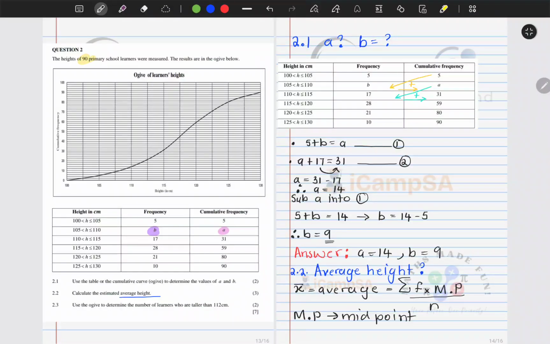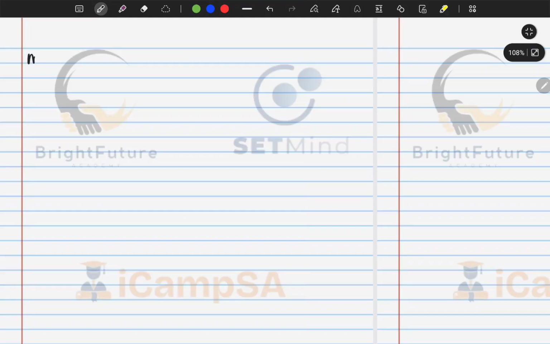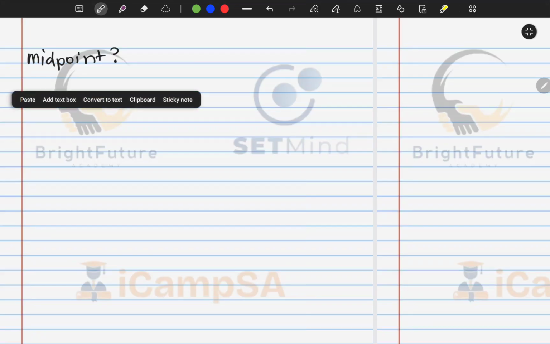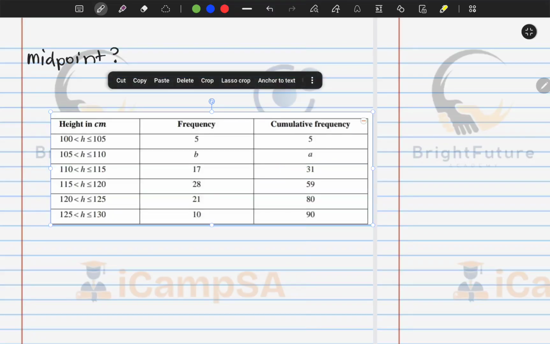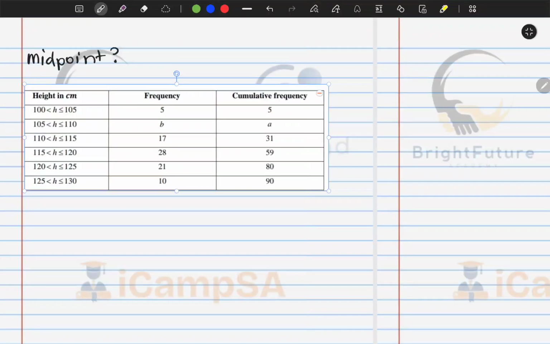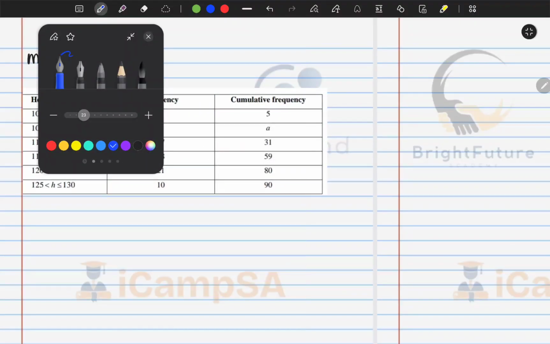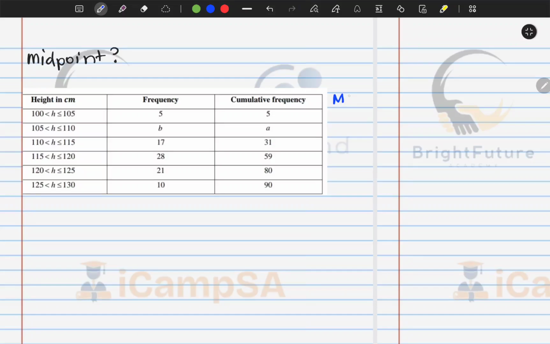Okay, so let's go to the next page and figure out what the midpoint is, because we clearly need it as part of our expression. So how do we find this midpoint? We are going to use the same table and add a column which we are going to call midpoint.